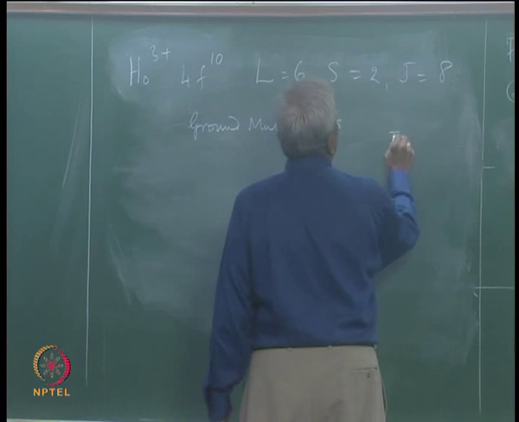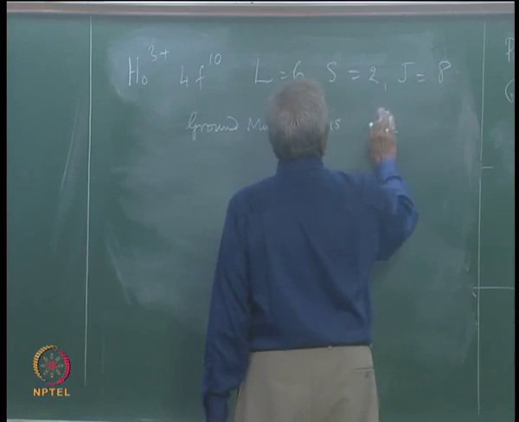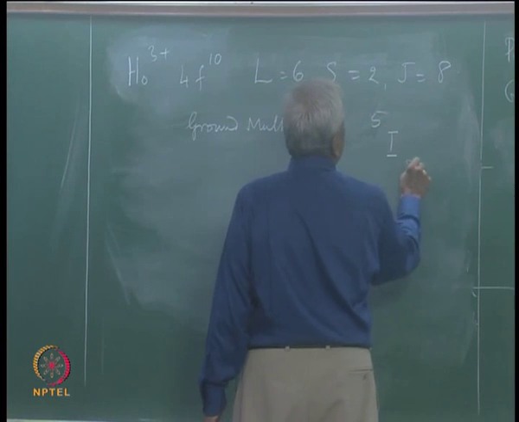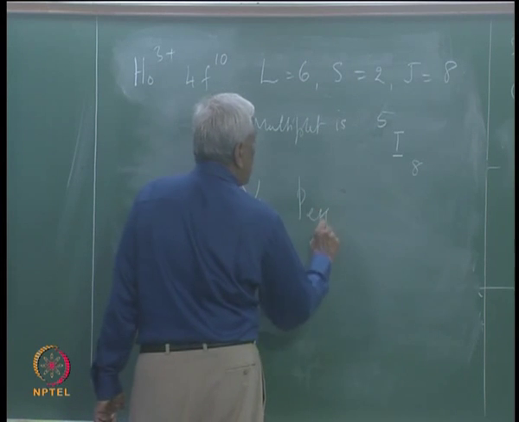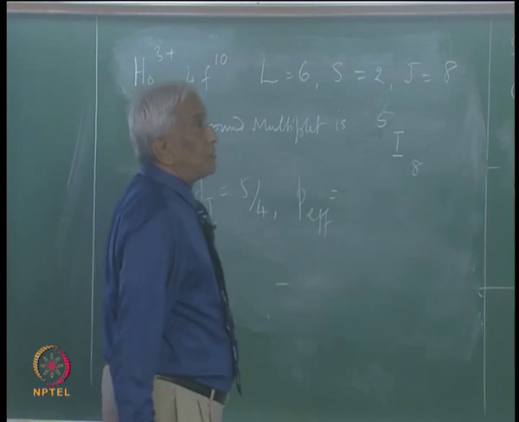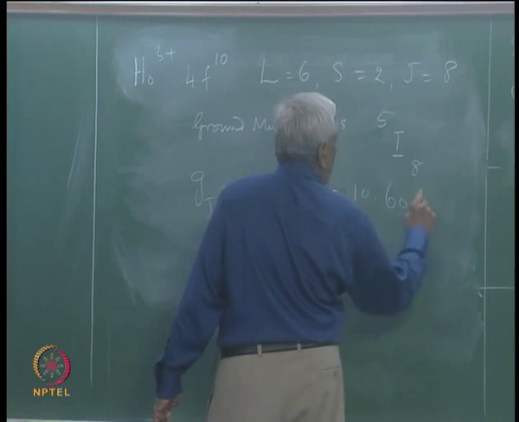So, it is an I term with spin multiplicity 5 and J of 8. So, the Gj value is 5 by 4 in this case, and the magnetic moment is 10.6 Bohr magnetons.